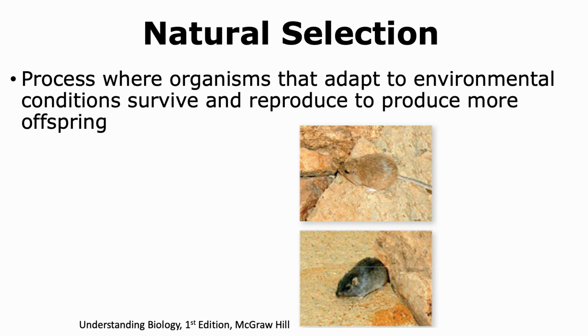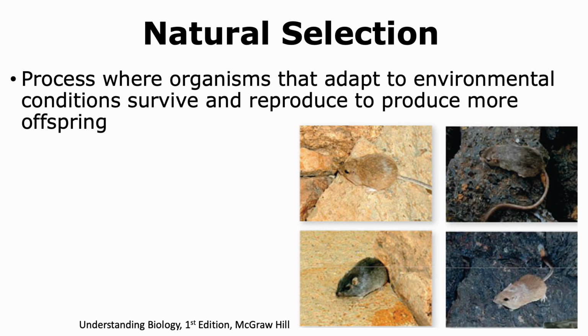As we look at this figure, we can see that the dark colored mouse isn't able to camouflage with its surroundings, and hence it doesn't blend in. This causes predators to be able to catch the dark colored mouse more easily than the light colored one. And hence, when we look at the population of these mice, we will have more mice that are tan colored or lighter colored than those that are darker in color.